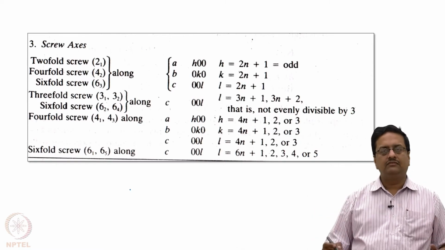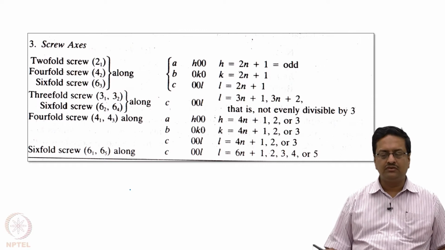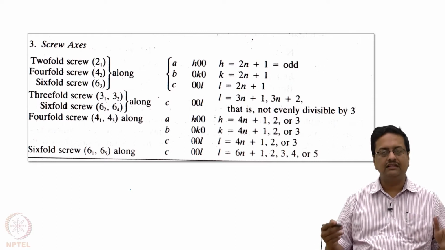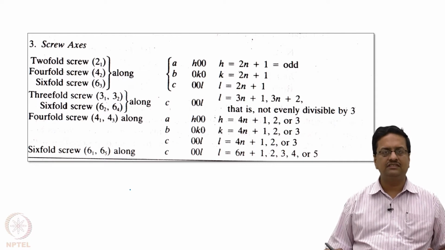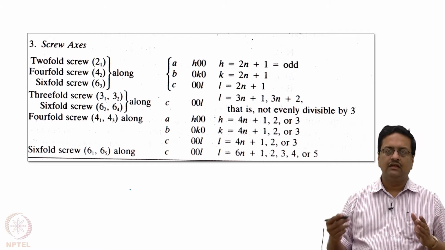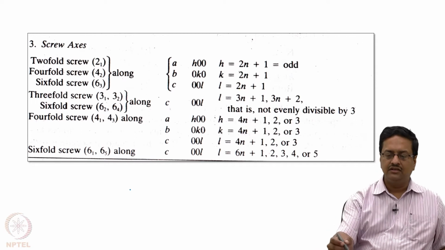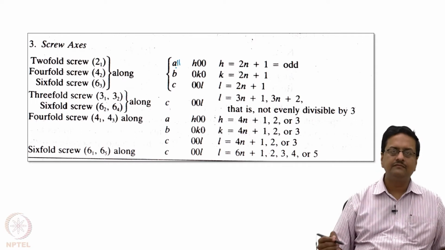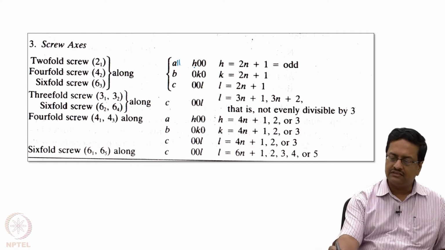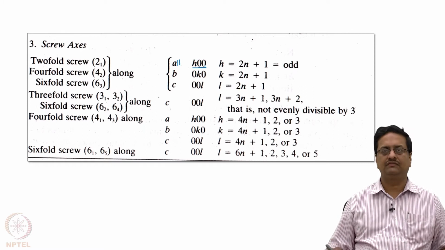In the same manner, a screw axis, whether a 2-1 screw, 2-3-1 screw or any kind of screw axis parallel to A, B or C, can give rise to systematic absence conditions. If we are talking about a screw axis parallel to A, then the reflections that get affected are the set of H00 reflections.